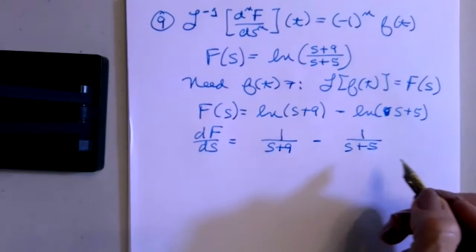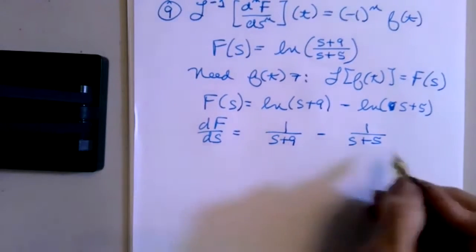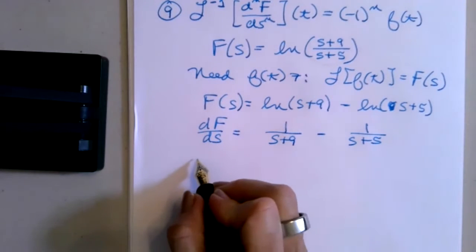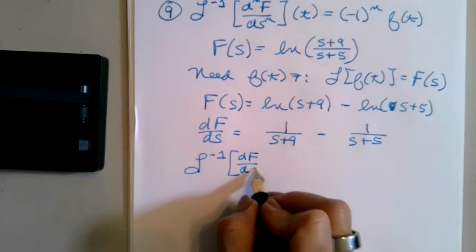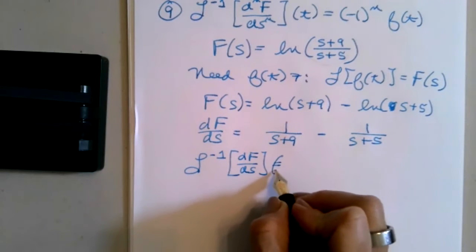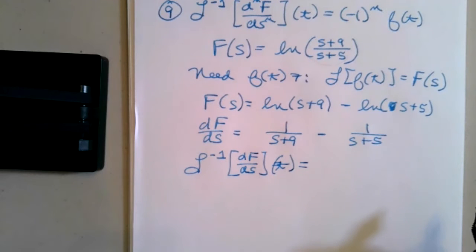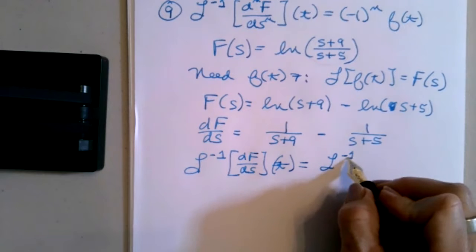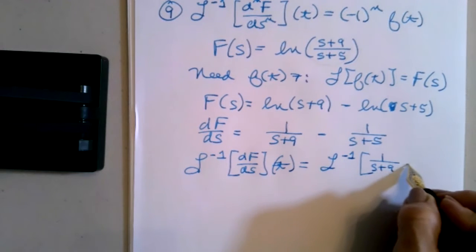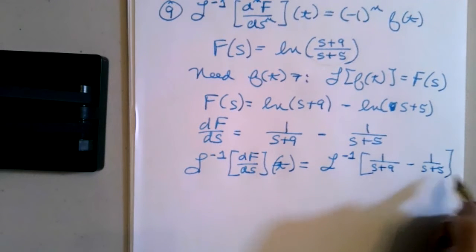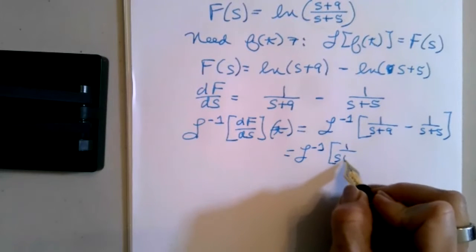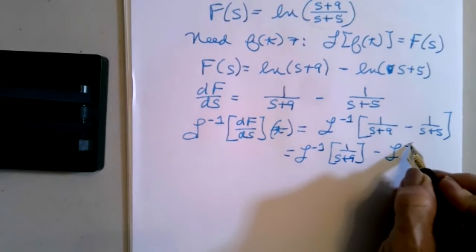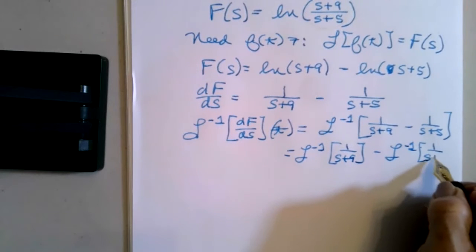And notice that the inverse Laplace transform of this guy, that's a function of t. Let me emphasize that. So that is the inverse Laplace transform of 1 over s plus 9 minus 1 over s plus 5. And the inverse Laplace transform is linear because the Laplace transform is. So this is the inverse transform of 1 over s plus 9 minus the inverse transform of 1 over s plus 5.